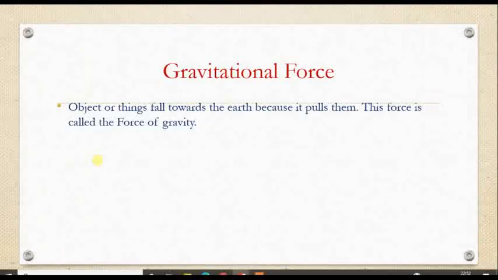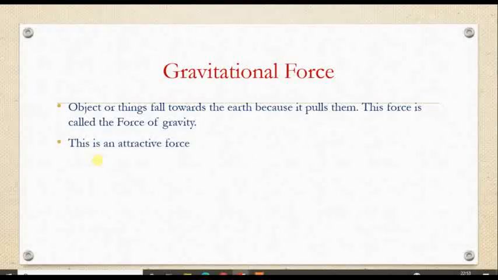Suppose you throw any object upward, it always comes back towards the earth. Whichever object you throw, metal, plastic, anything, it will come back to the earth because the earth is going to pull it towards it.